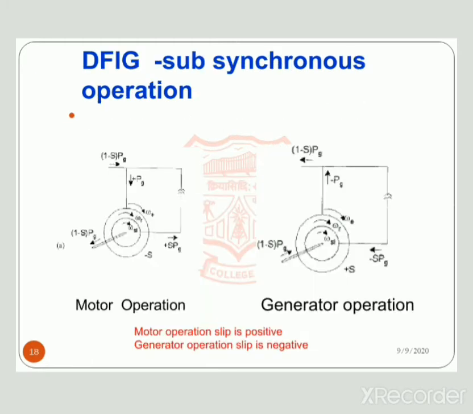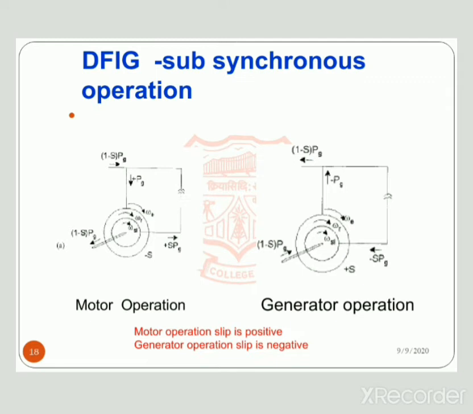Next is the DFIG, which means doubly fed induction generator, and also its subsynchronous operation. In that circuit diagram, whenever motor operation happens, power is used and slip is increased.